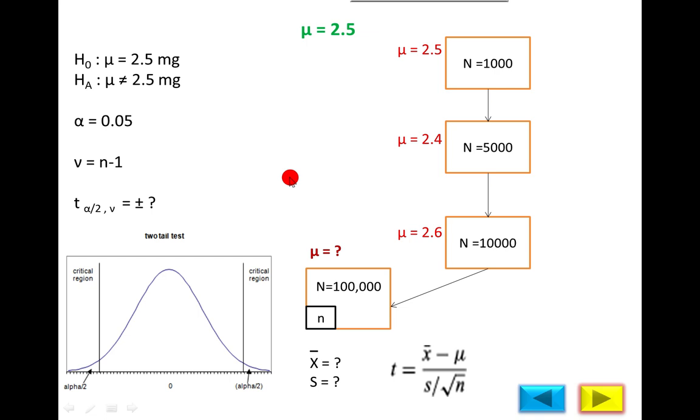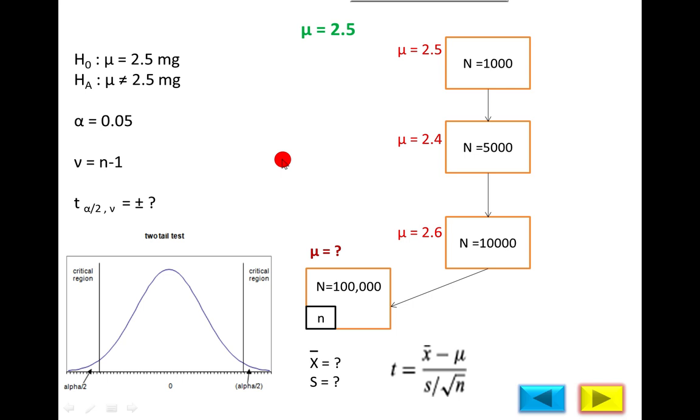The concept is the same for testing of hypothesis for mean, standard deviation, variance, proportion, etc. The objective is the same, the purpose is the same, the procedure is the same, the method is the same. But what is testing of hypothesis, and when do we use it? This is the most important thing.